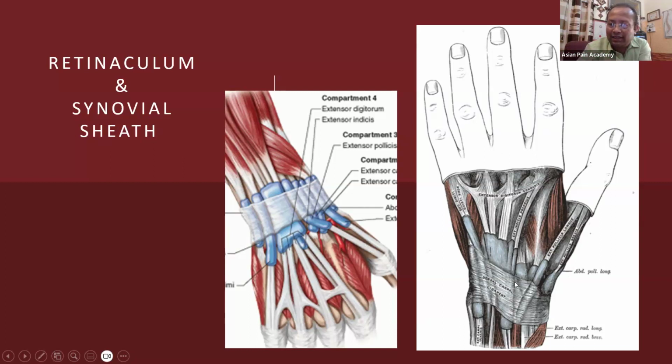You can see the radial side is a bit proximal and the ulnar side is a bit distal, so it is obliquely placed. It comes from the radius, and the triquetrum and pisiform is where it inserts. It is nearly 4 millimeter in width. So this is the oblique orientation of the retinaculum. We can see this part, the retinaculum.